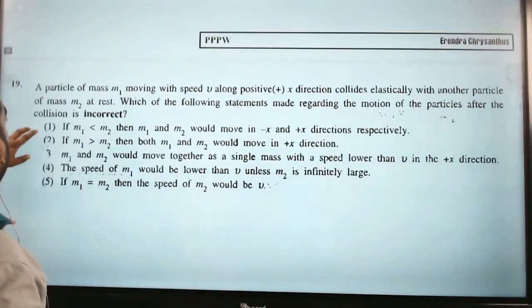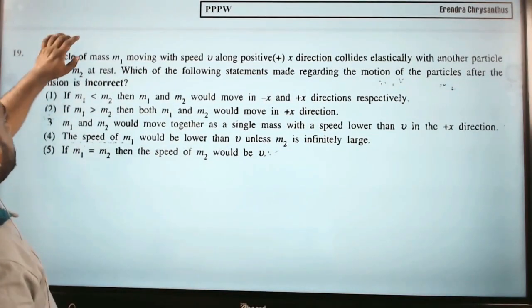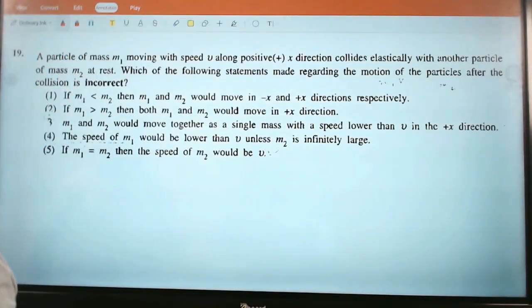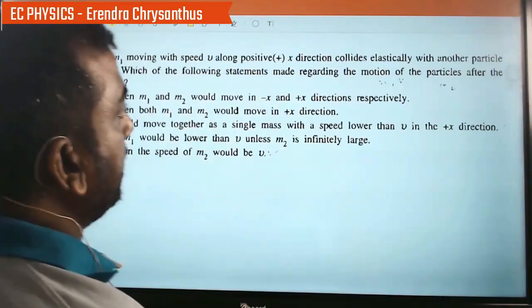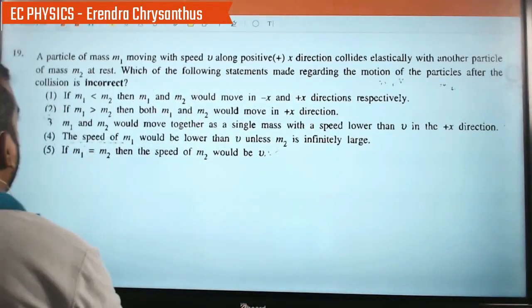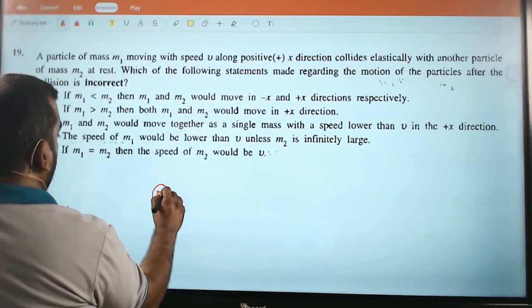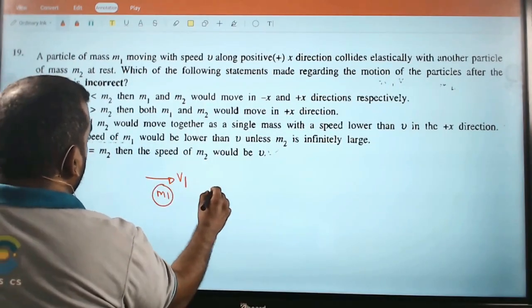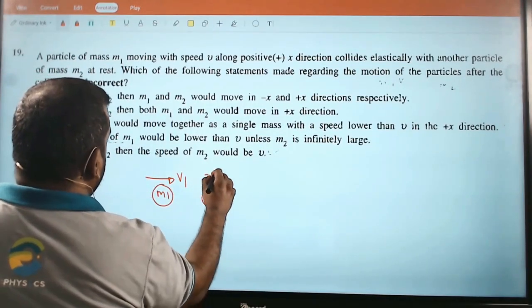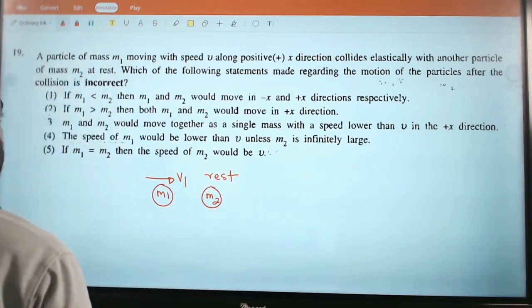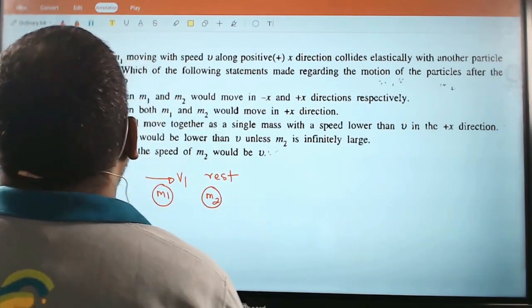A particle of mass m1 moving with a speed v along the positive x direction collides elastically with another particle of mass m2 at rest. m1 is traveling with a velocity v1 and collides with m2 at rest. Which of the following statements is incorrect?